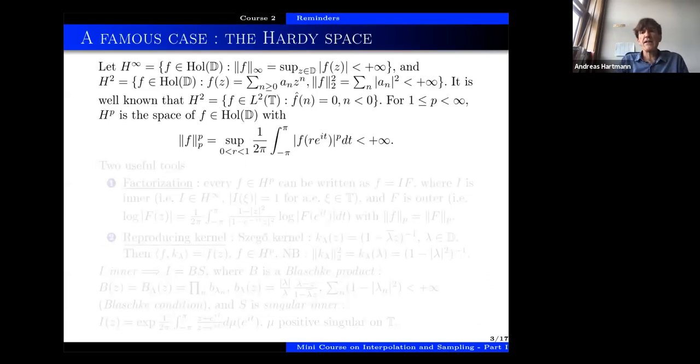Okay, so let me go back to the Hardy space. So yesterday we discussed H infinity, so the space of uniformly bounded analytic functions. But today I would like to focus more on the Hilbert situation, so the Hardy space H2.